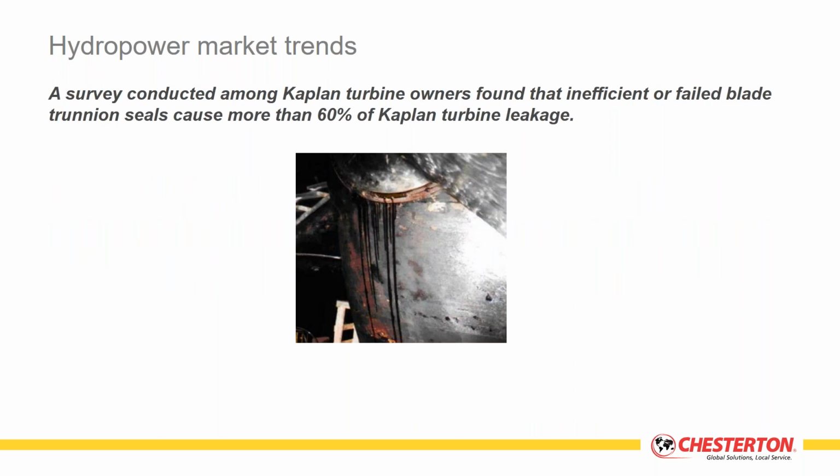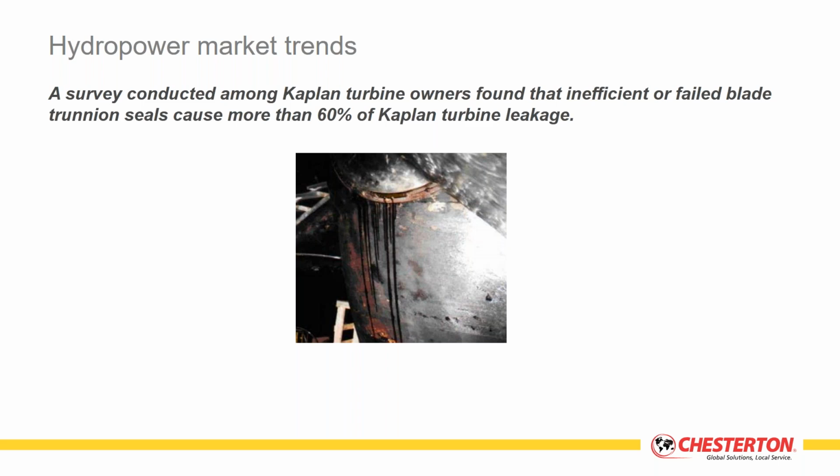In 2006 and 2007, an industrial survey was made in Canada among the hydropower owners, and the interesting result is that in most of the cases, and most of the cases means 60%, the downstream pollution and the problems to the hydropower owners were caused by the Kaplan turbine runner blade seal leakage.